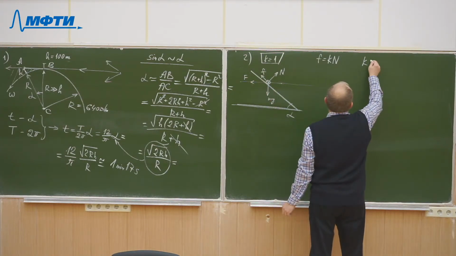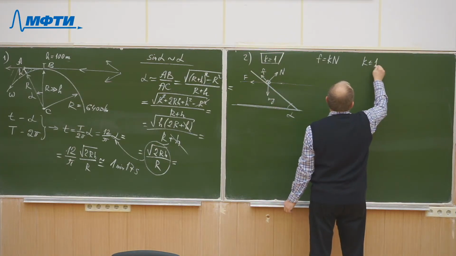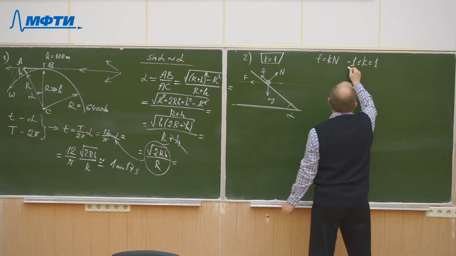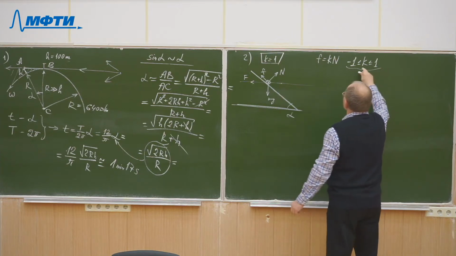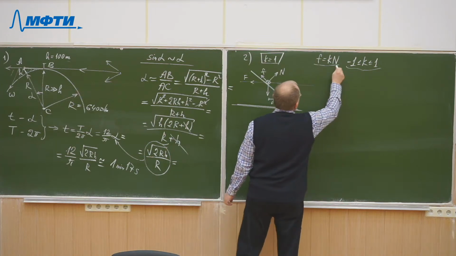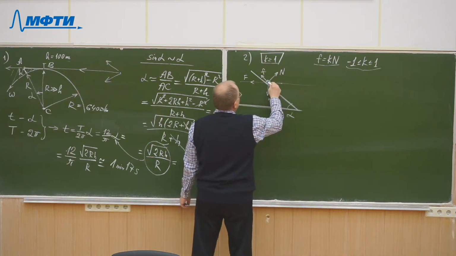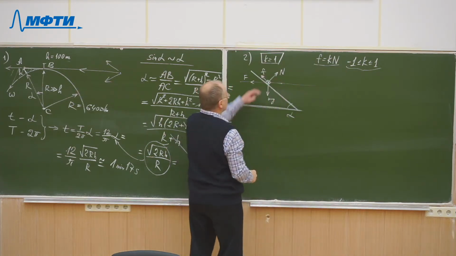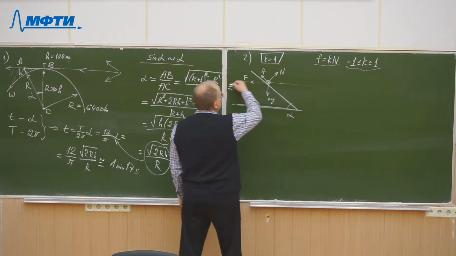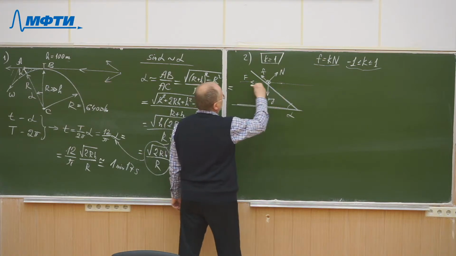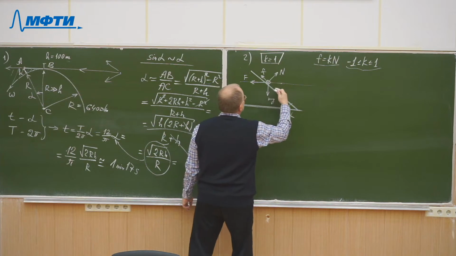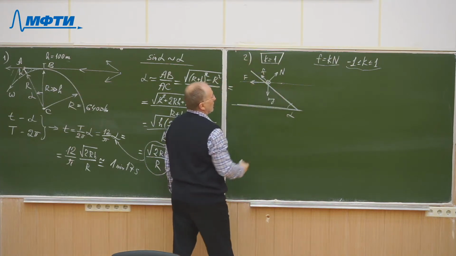If we assume that the coefficient of friction may be between 1 and -1, that is, the maximum values for this coefficient corresponding to the maximum possible magnitudes of the force, then the force of friction may be directed upwards if the body wants to slide down the slope. But if we press too hard with the force F, if the force F is very large, then this body may want to slide up the slope.